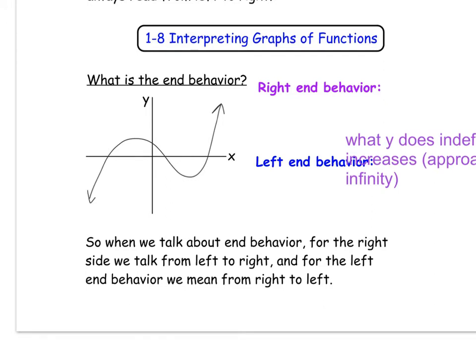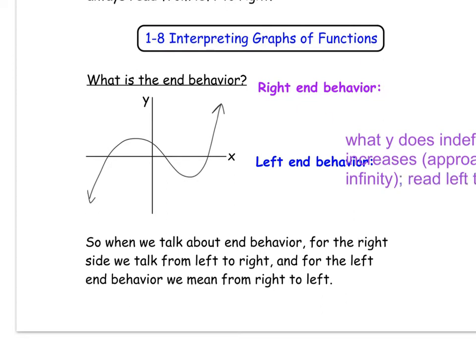So our definition that you need to write down is: the right end behavior is what y does indefinitely as x increases. Indefinitely means forever, for the rest of the time, as x increases or approaches infinity. So what does y do? Again, for right end behavior, we read left to right.